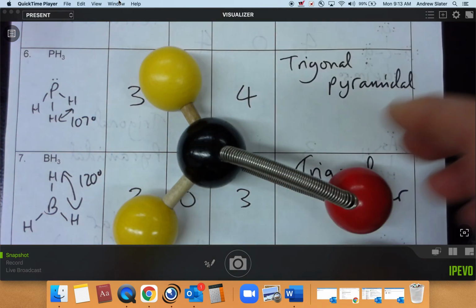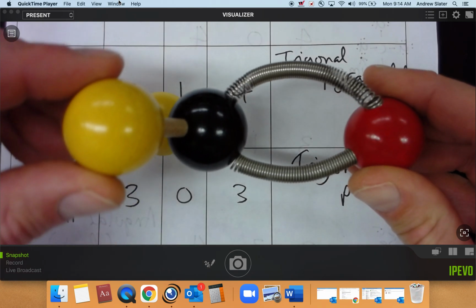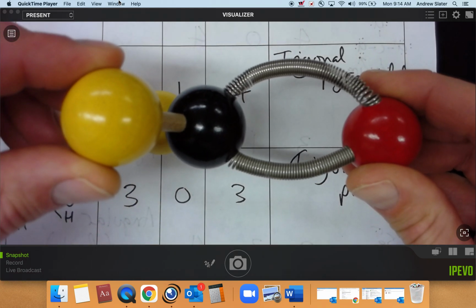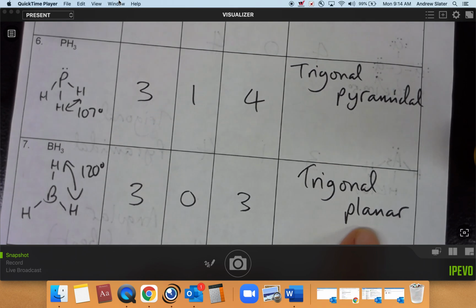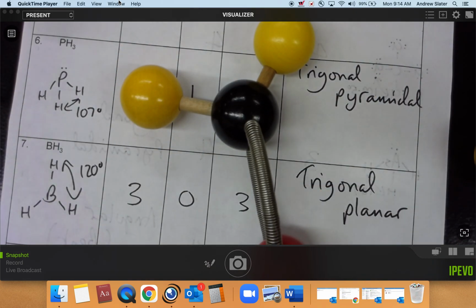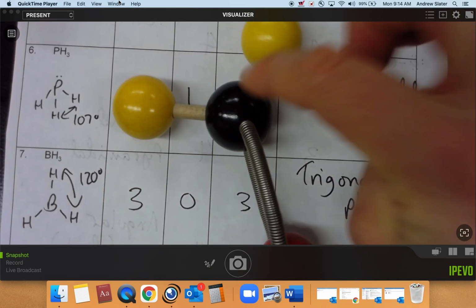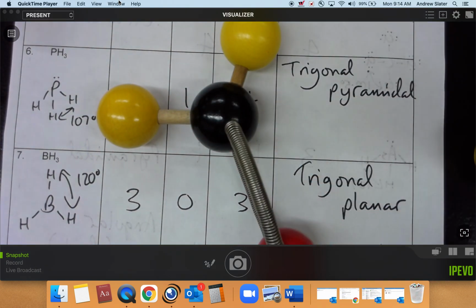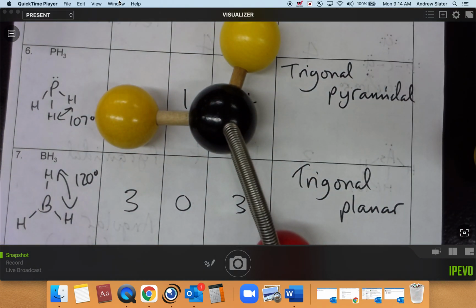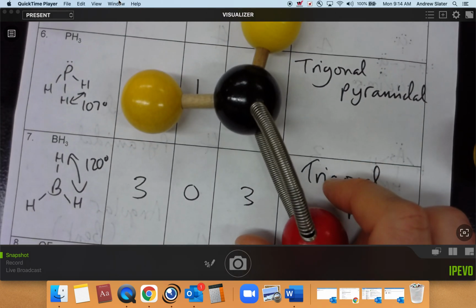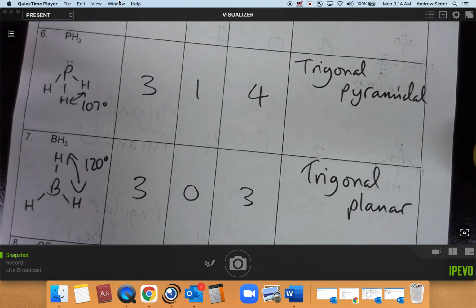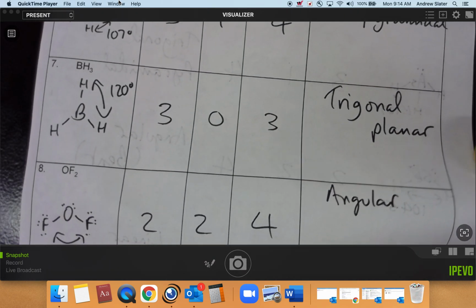They're all in the same plane, so they'd all be kind of flat to the page. That's why it's called planar. Trigonal for 3, but doesn't make an octet, which is a bit of a weird example. But again, there's always exceptions, right?